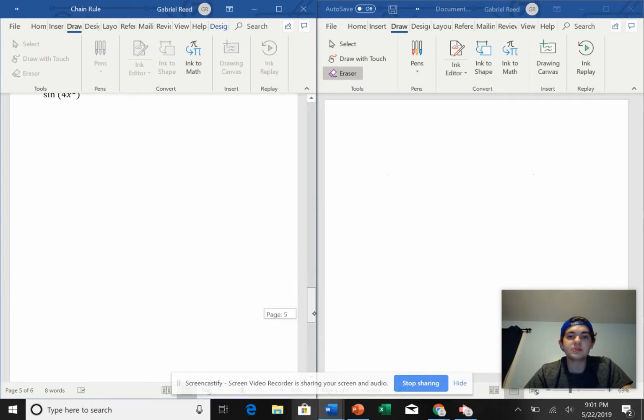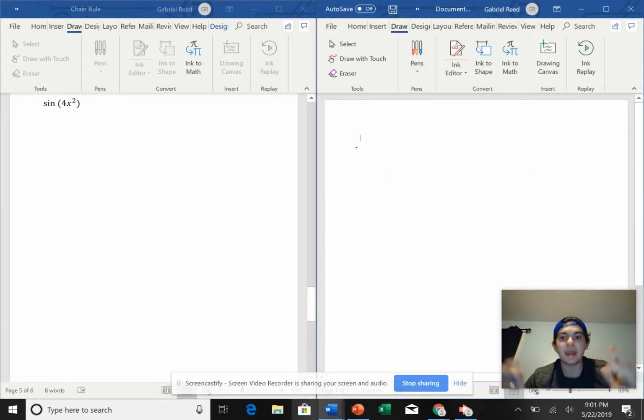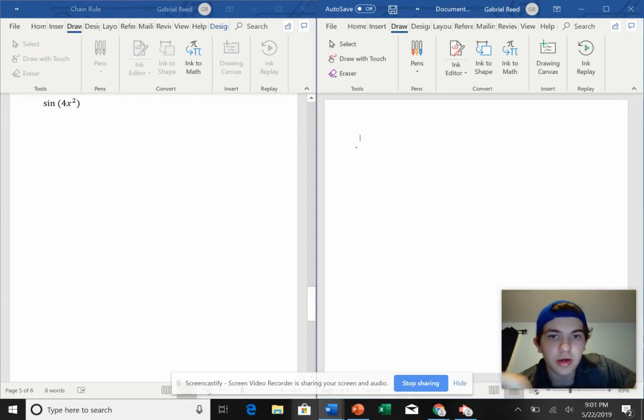This one is sine of 4x squared. For this one, I'm going to need that inner function and outer function. We already know by now what the derivative of sine of something is, like sine of x. It would just be cosine of x. So that's what we're going to do right here, but instead of x's, we're going to be using a u value.